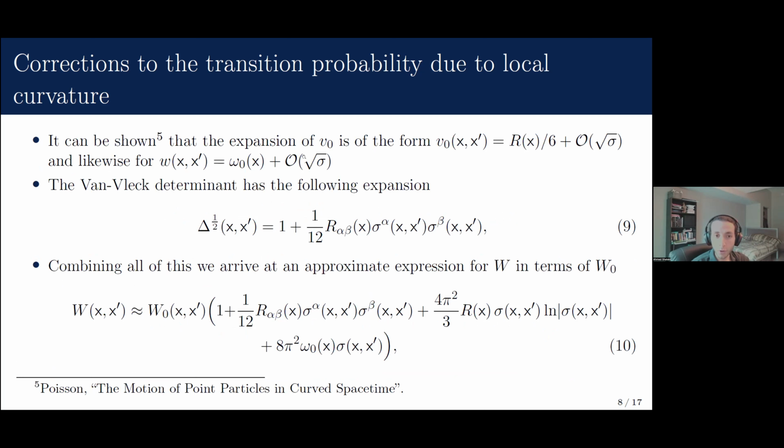Then it was shown that the expansion of the state-dependent terms can be written as this. And then we also utilize this following expansion for the Van Vleck determinant. We bring this all together to arrive at this approximate expression for the arbitrary Wightman function in terms of the flat Wightman function, plus all these corrections due to curvature.